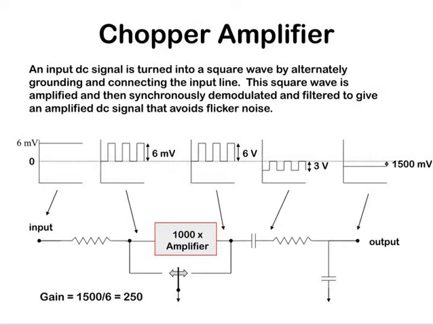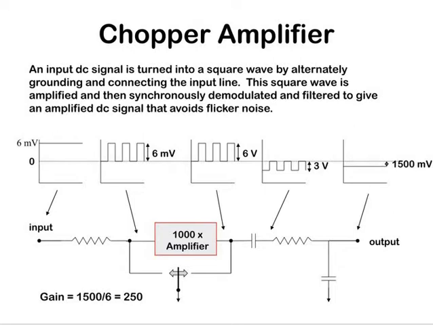So here it is given that our input is 6 millivolt. Our chopped input is also 6 millivolt, whereas our output, just look at the output, it is 6 volt, 3 volt, or even 1500 millivolt.